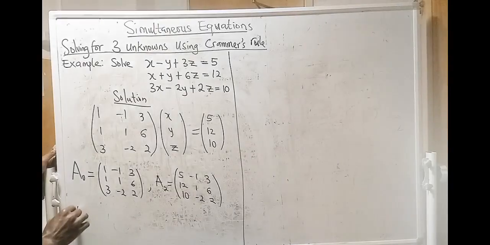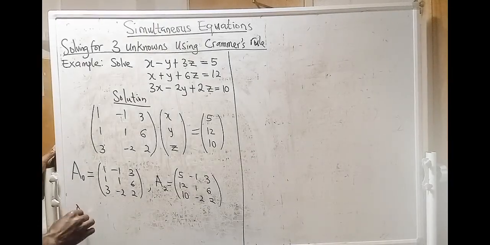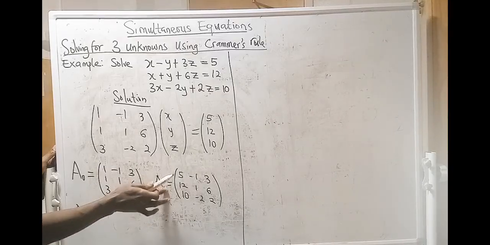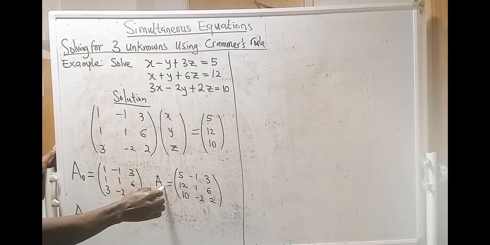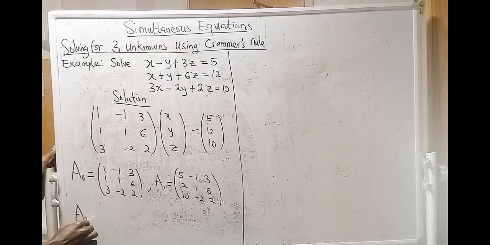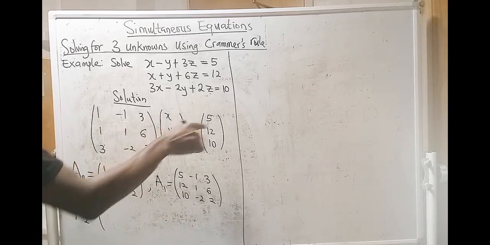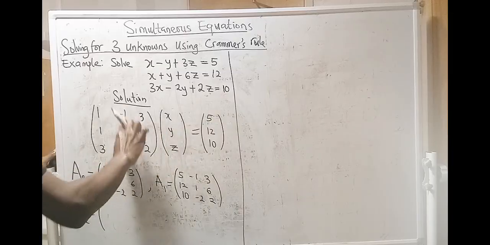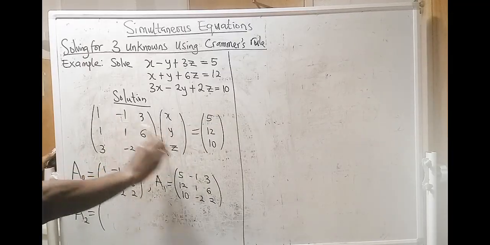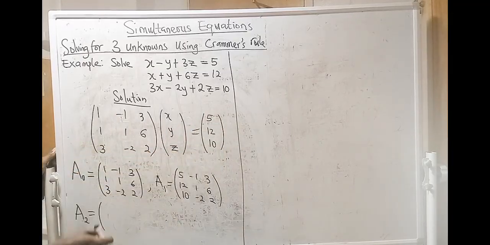I'm going to have another matrix, A2 this time. So you can use any variable as you want. For A2, I'm going to replace this second column with this column matrix here.